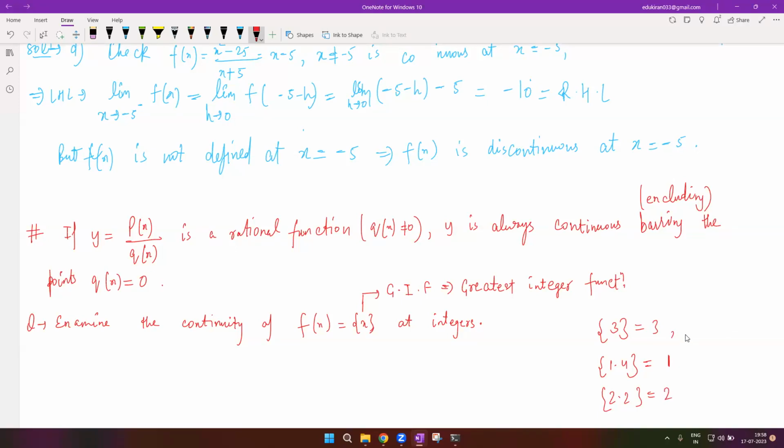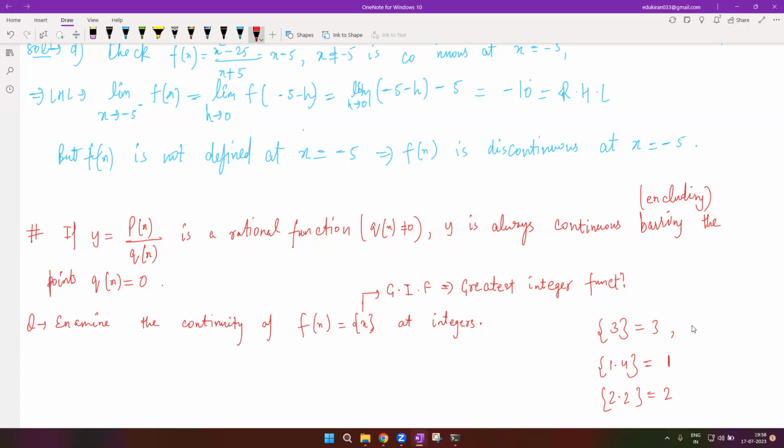Just छोटा integer answer होगा. If the value is in decimal, then the integer just smaller than 2.2 will be your answer. Integer just smaller than 2.2 is 2. 1 is also a smaller integer than 2.2, but बहुत सारे smaller होंगे यार ऐसे तो. We are talking about the just smaller integer. So the GIF of 2.2 will be 2.